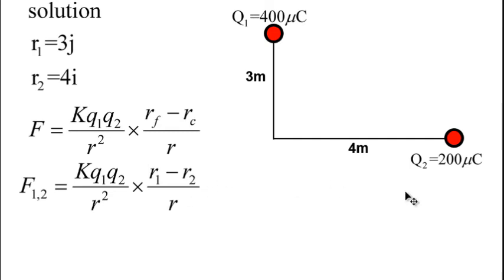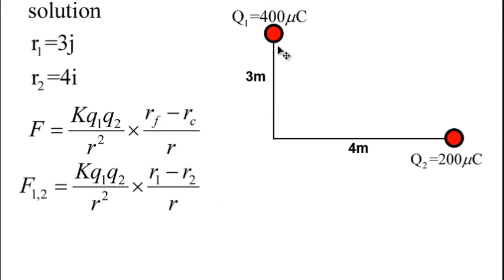Remember, we are asked to find the force on Q1 due to Q2. So we write force on Q1 due to Q2 equals KQ1Q2 over R squared multiplied by R1, the position of the charge feeling the force, so Q1 is feeling the force, minus R2, the position of the charge causing the force, divided by the distance between them, R.